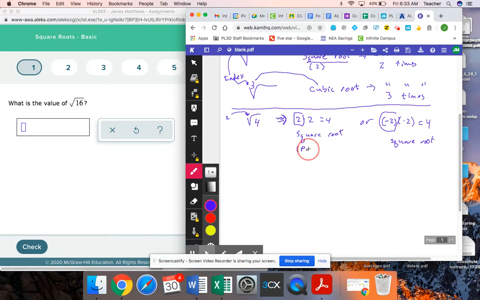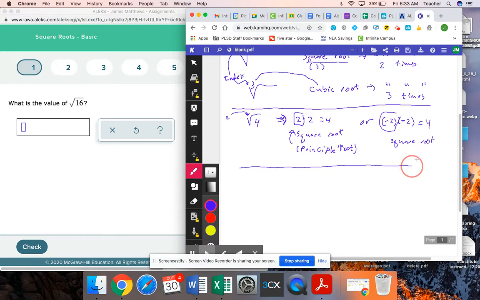You might hear that called the principal square root. The principal root just means the positive version of it. So for our purposes here, we just want to focus on the positive, but I felt like if I didn't mention that you could also get a negative when you take the square root in algebra, you might be shocked. So just focus on this right here.